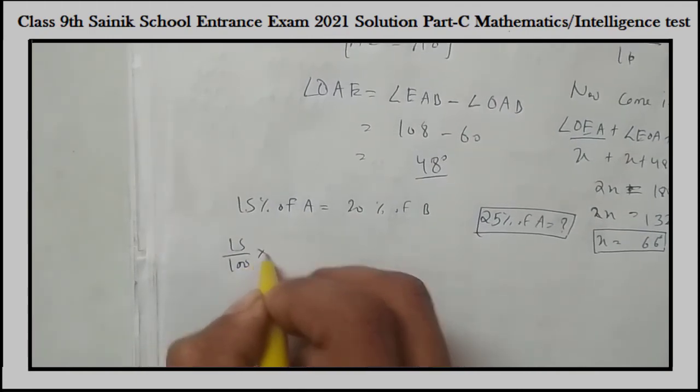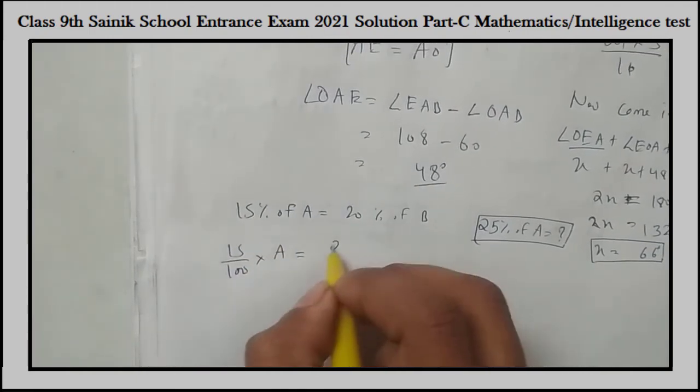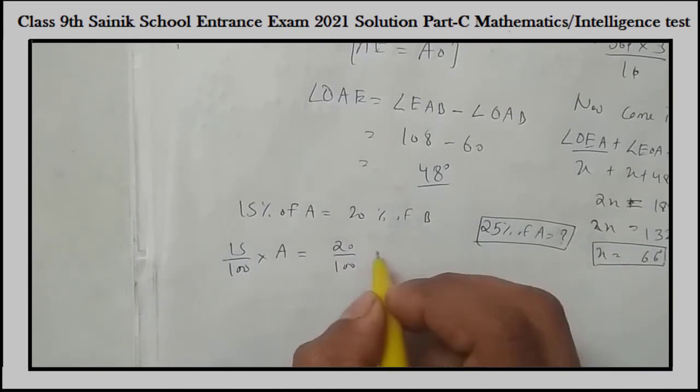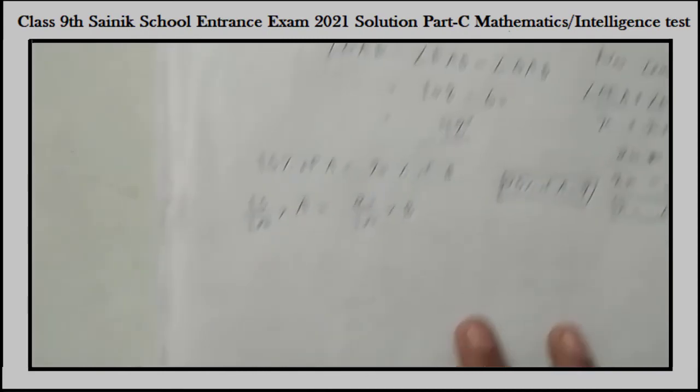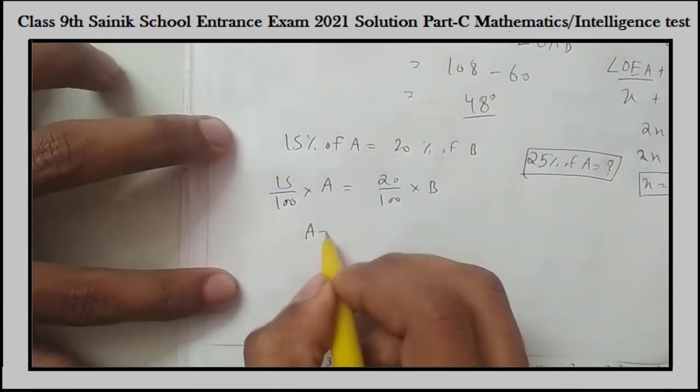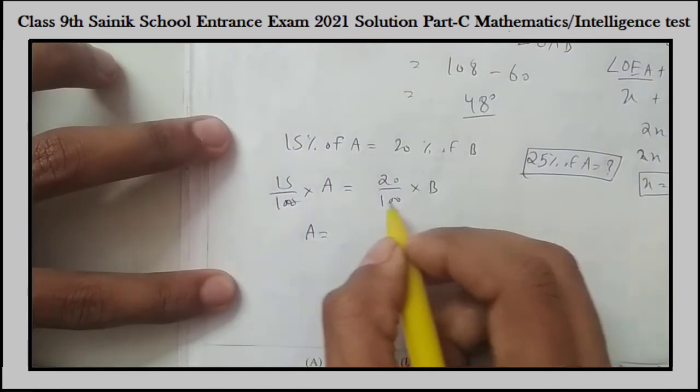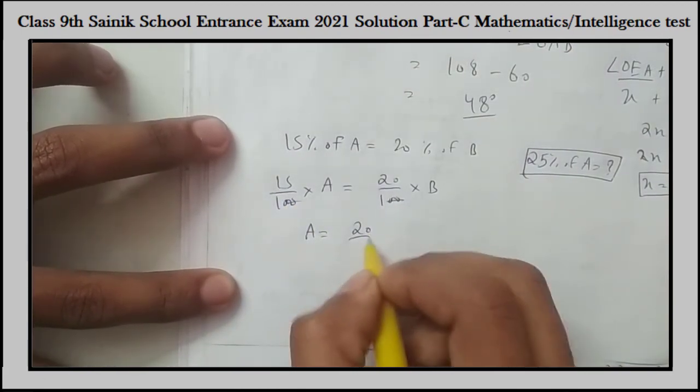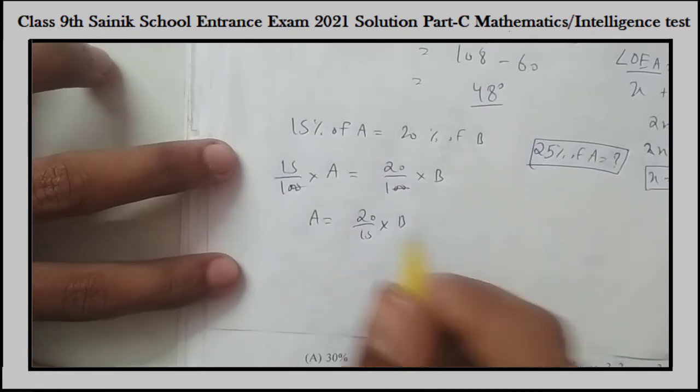15 divided by 100 multiplied by A is equal to 20 divided by 100 multiplied by B. So A is equal to, 0 cancel, 20 over 15 multiplied by B. What we have to find?